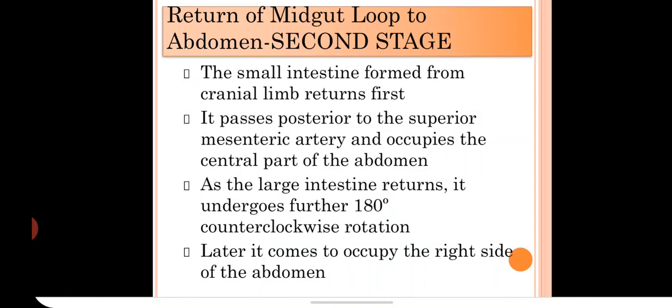To reach its normal place, this large intestine has to rotate a further 180 degrees anti-clockwise. So how many degrees has the midgut loop now rotated? It is a total of 270 degrees of anti-clockwise rotation that the large intestine has to undergo to reach its normal place.